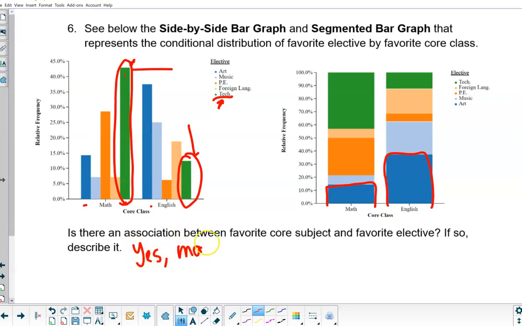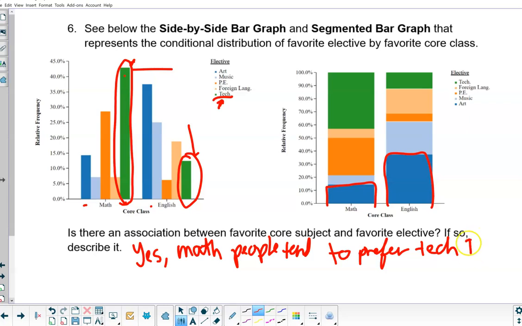And then exactly what we had talked about at the last video, math people tend to prefer tech, and it looks like they also prefer PE, the orange one, more than English.